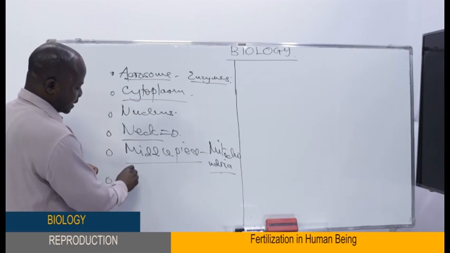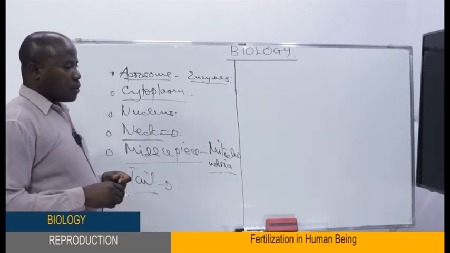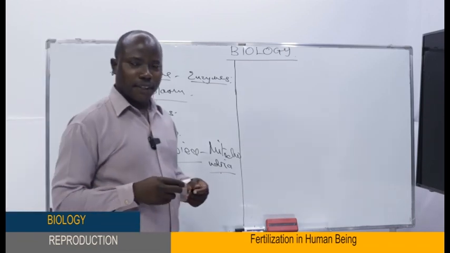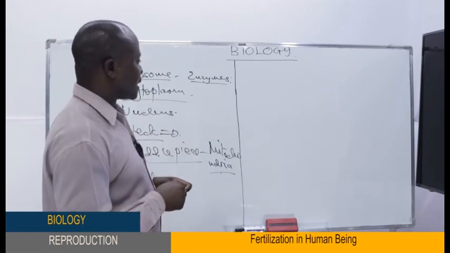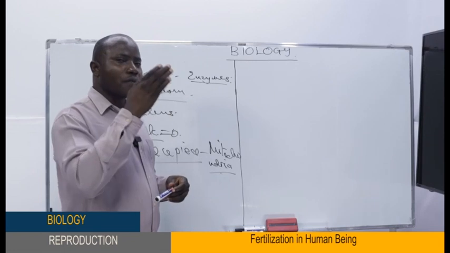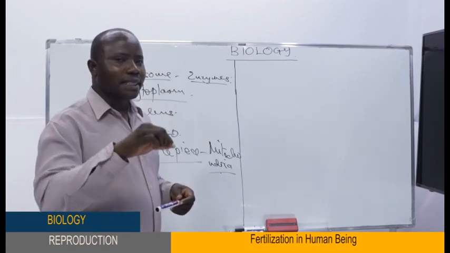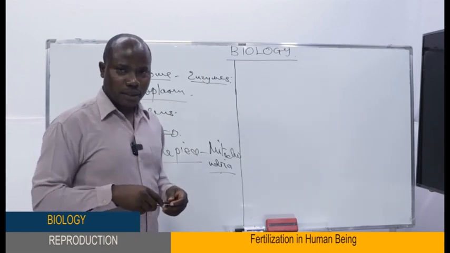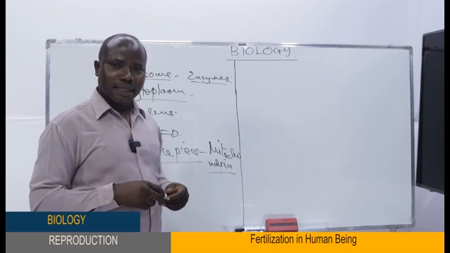But also the tail. What is the role of the tail for fertilization? Therefore, to respond to a question like that, what you need to consider is the function of each part of the spermatozoa. How does that part relate to fertilization? By so doing, the question could have been answered.